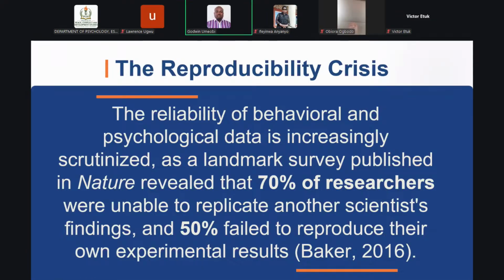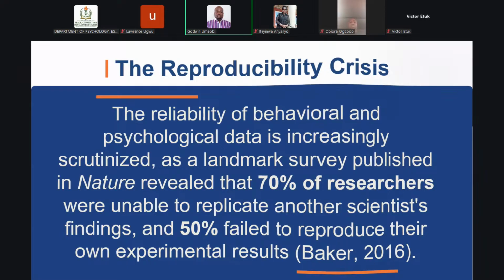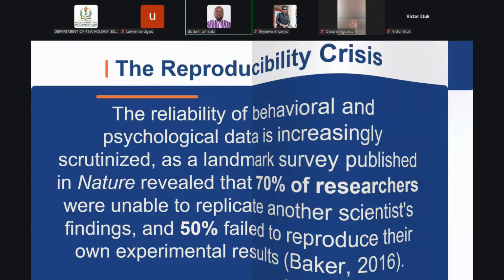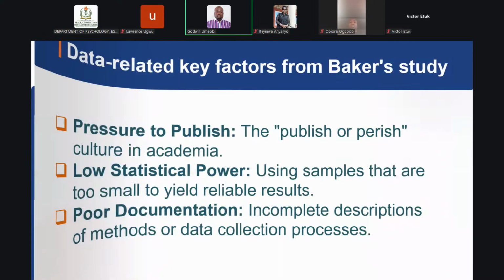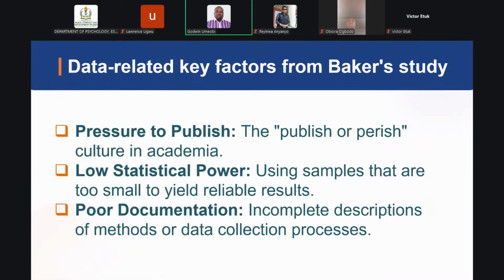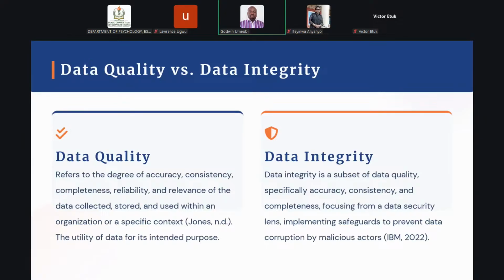We found some data-related key factors that can cause the crisis of reproducibility. One of them is the pressure to publish that we have today in academia, the usual publish-or-perish culture. We have low statistical power. We have people with very small samples, which makes the data not useful in the end.